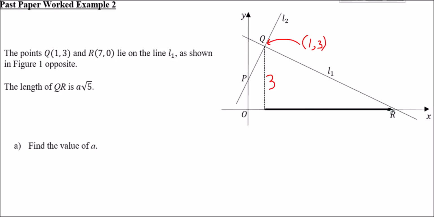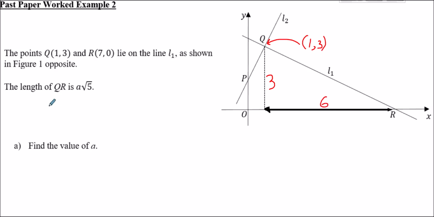And more than that, if I were to think about the distance from R to this point here, the bottom of where Q is, well, R is at 7 on the x-axis, Q is at the point 1 on the x-axis, so 7 minus 1, this distance here must be 6.